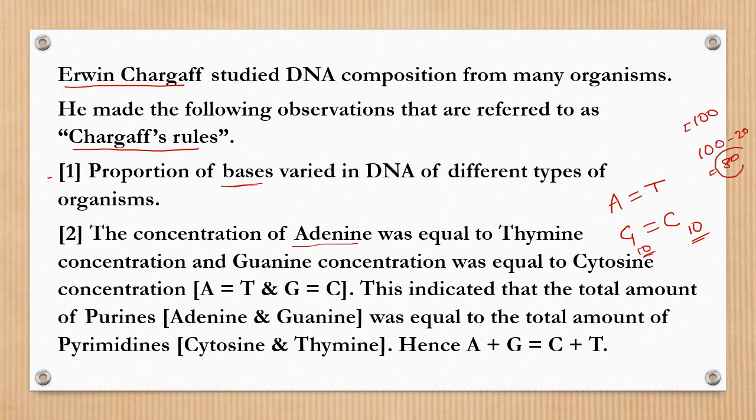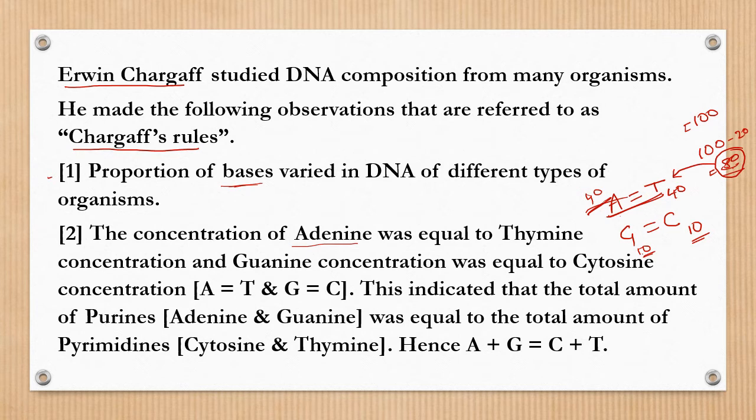This 80 is the concentration of A and T together. That means T is 40 and A is 40, an equal proportion, since adenine is equal to thymine. Both together 80, so each one has 40.